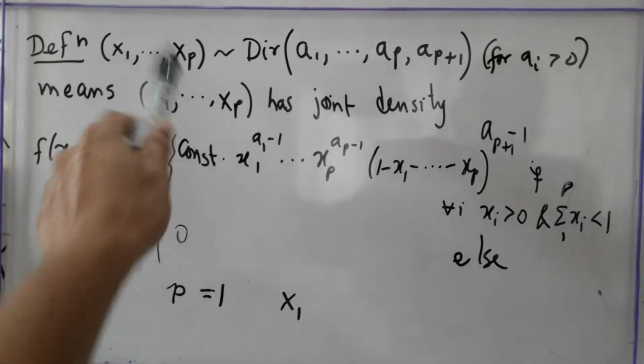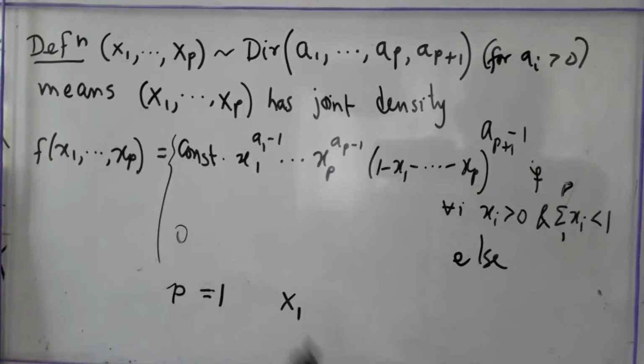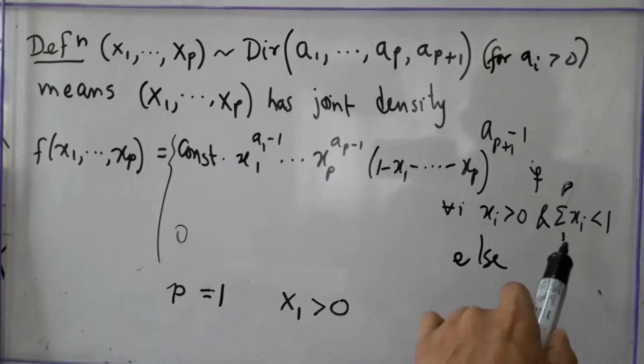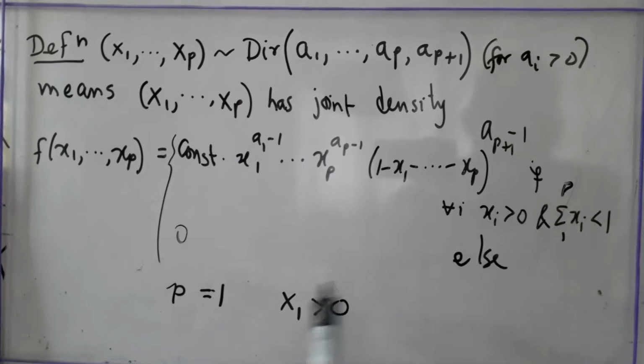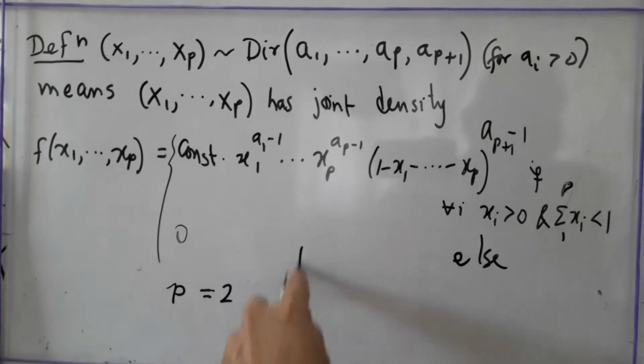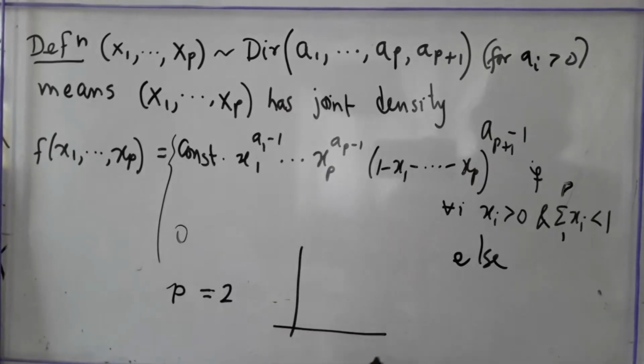If p equal to 1, in that case we have just X1, so it is actually a univariate distribution. The condition is that this must be positive and the sum, which is just itself, must be less than 1, which means it must lie between 0 and 1. So the support is this unit interval. If p equal to 2, then it's a good idea to draw a little graph showing X1 and X2.